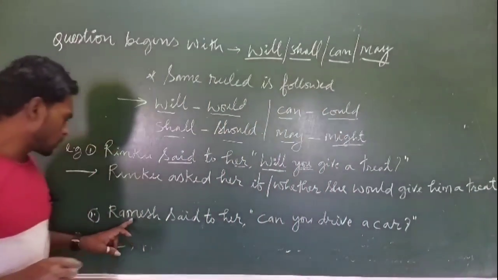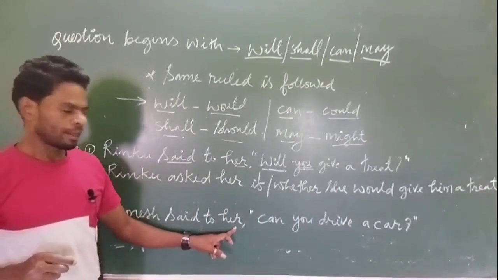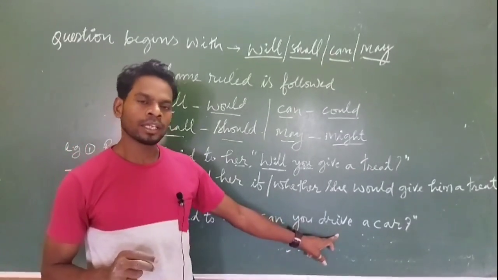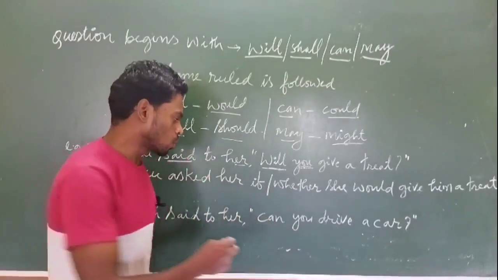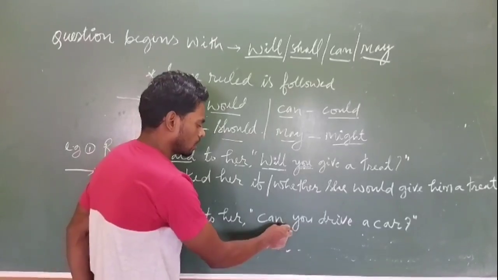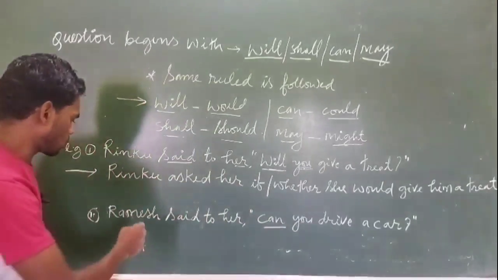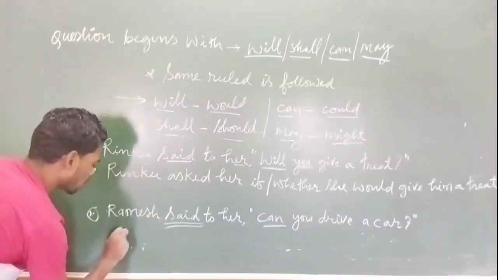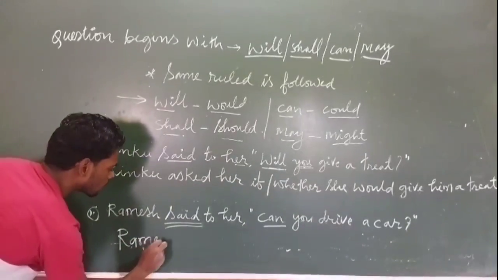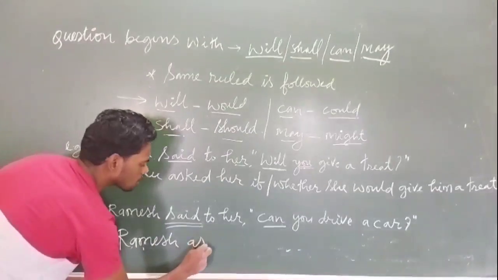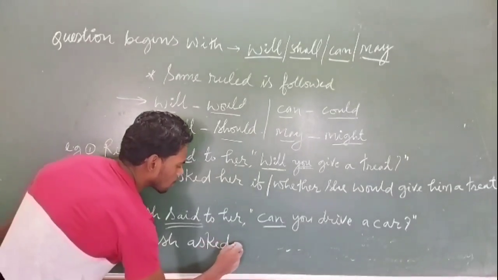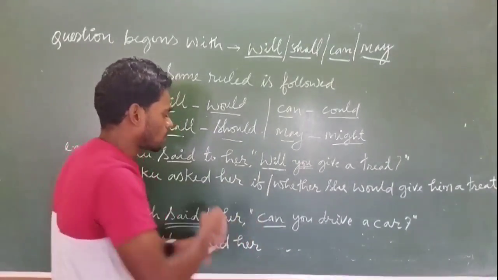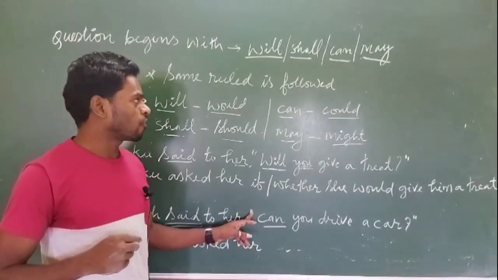Next example you see. Ramesh said to her, "Can you drive a car?" So "can you drive a car" is again a yes-no question. So let's change it. Apply all the rules. So said will change into asked. So Ramesh asked her. Now to remove the inverted commas, you have to use the conjunction if or whether.